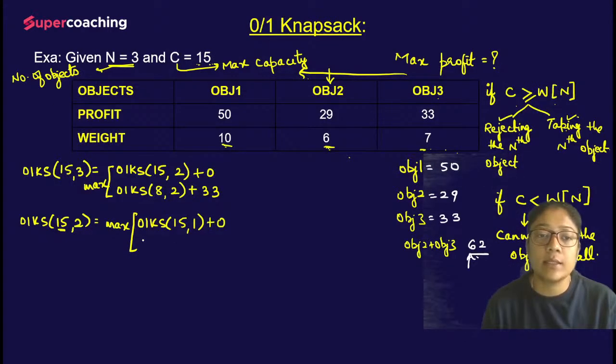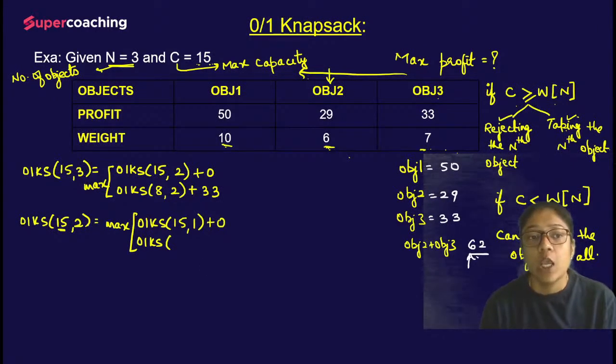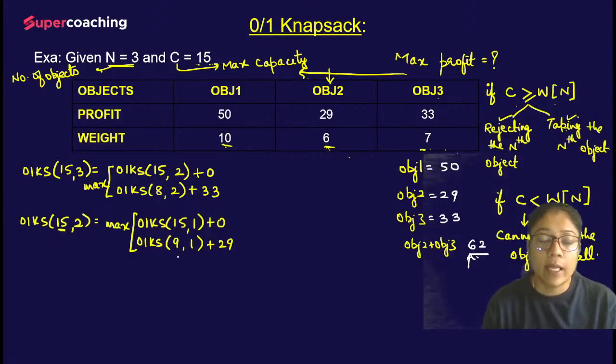No profit will be assigned. The other possibility is 0/1 knapsack where the object is taken, so 15 minus 6 is 9. One more object is there in the problem. Profit assigned will be 29. We're getting the problem 0/1 knapsack, 15, 1.